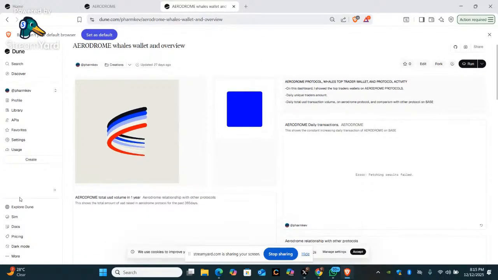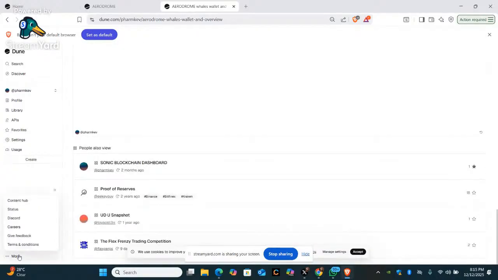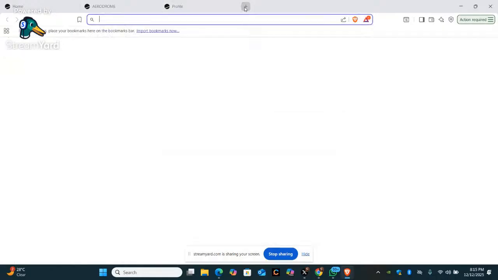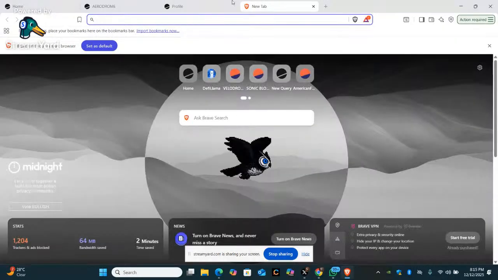Okay. Like using a fresh browser, like open a new browser. New tab.